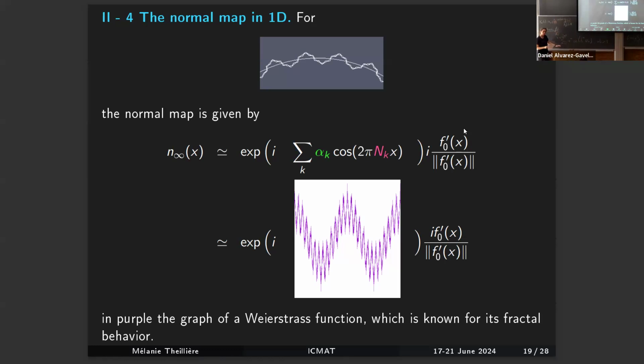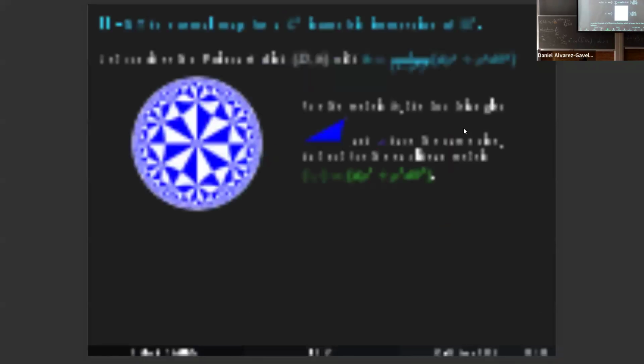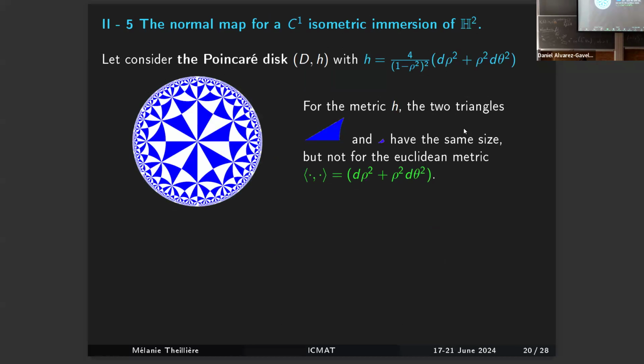So it's really a kind of function for fractal behavior. Here we see a fractal behavior not on the curve itself, but on the normal map. And we would like to check the same for surfaces. We would like to check the normal map with C1 isometric surfaces. We didn't do that for the torus, so we will consider another surface. In fact, we will now consider the hyperbolic plane.